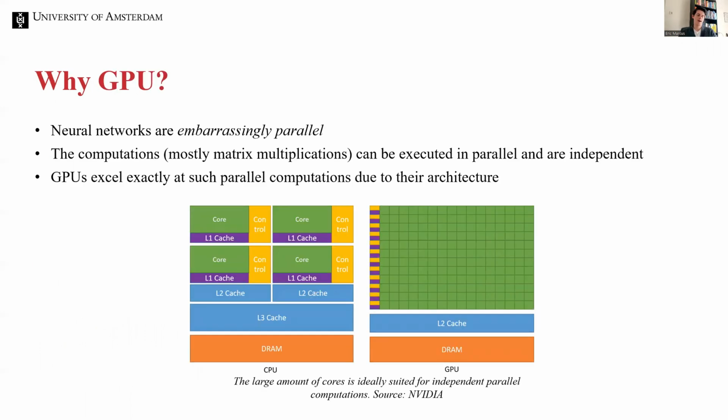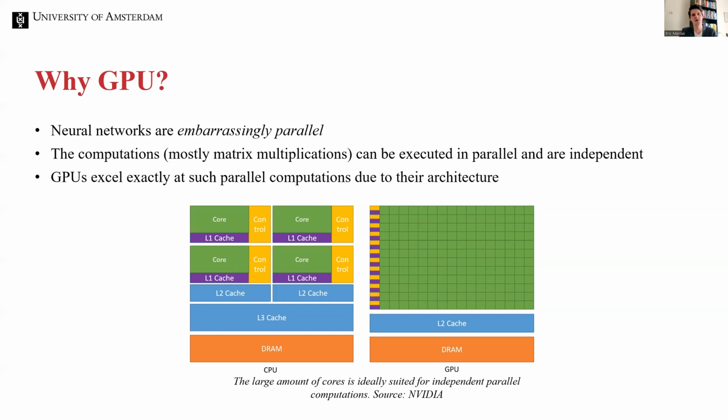So let me very shortly go about why we use GPUs. Some of you, of course, might already know. When I'm talking about the AI stuff, a lot of what we do is, of course, neural networks, and the computations that are associated with neural networks are called embarrassingly parallel.